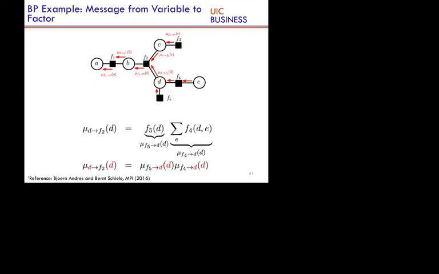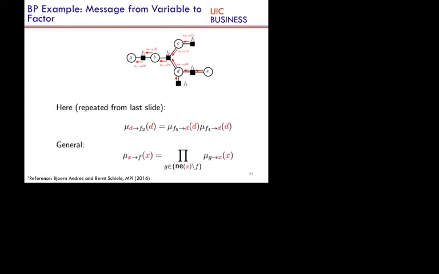I'm going to call it mu of f phi to D of D. And when I sum over E, the remaining term is just going to be a function of D. I'm going to call it mu of f4 to D. Which means that my message from variable D to factor F2 is going to be a product of a message from factor f phi to D and a message from f4 to D.